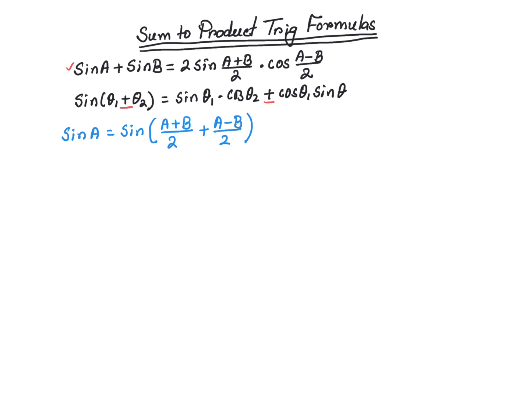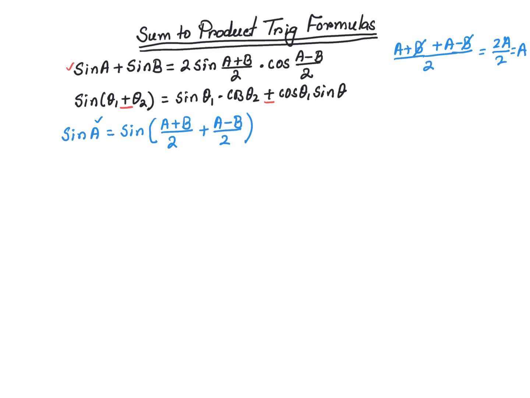That's actually sine of A. How? Let me show it to you on the side. (A plus B) divided by 2 plus (A minus B) divided by 2 is going to be A plus B plus A minus B, divided by 2. B and B cancel out, and that gives me 2A over 2, which is just A. That's exactly what we have.